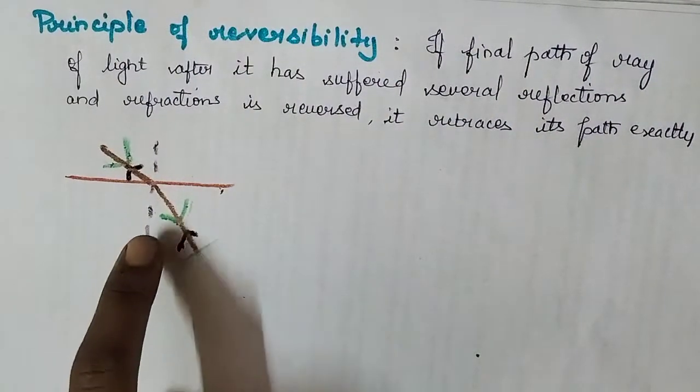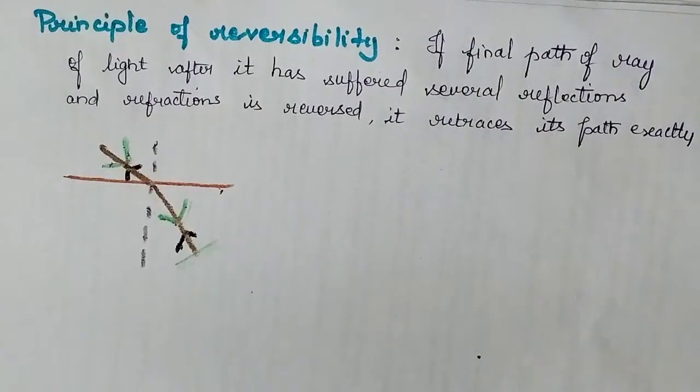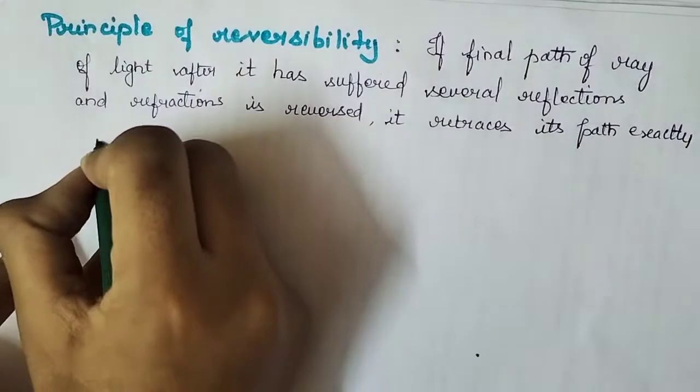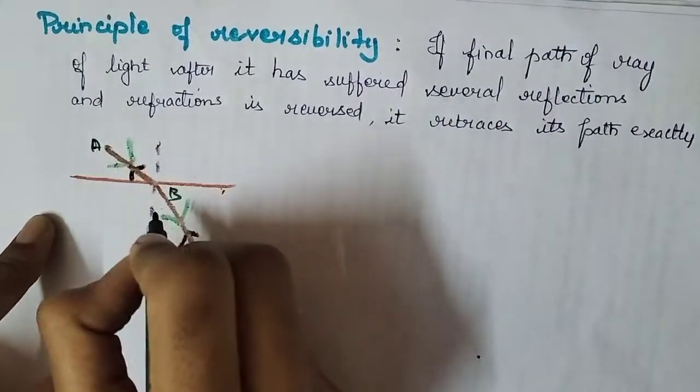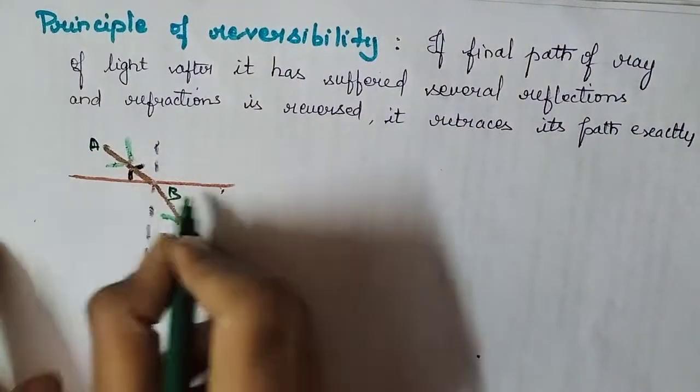Okay, so I'll consider a ray of light AB. This is AB. AB is incident to this plane.